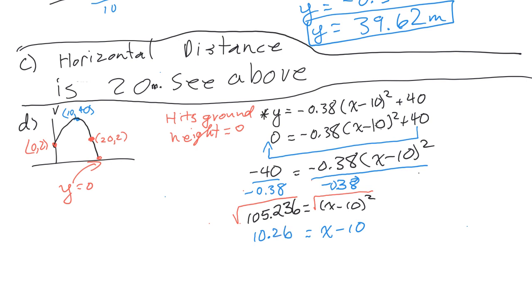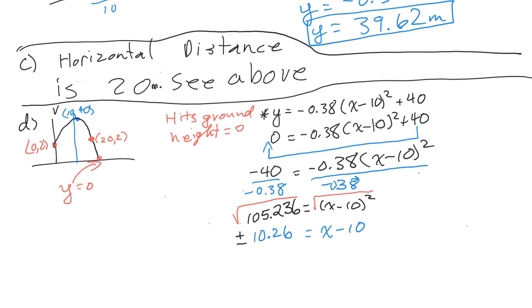10.26. Now, I'm going to tell you something very important. When you square root something, we have a plus and a minus for this. And the reason for that is because of our parabola. Think of this value that we have here as the distance to the left and to the right of the axis of symmetry.